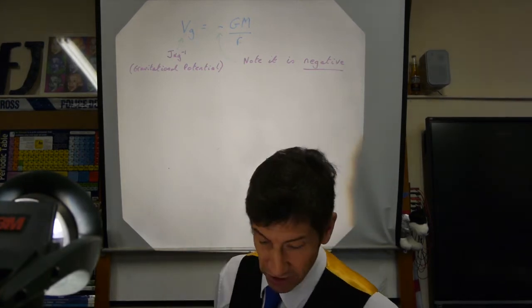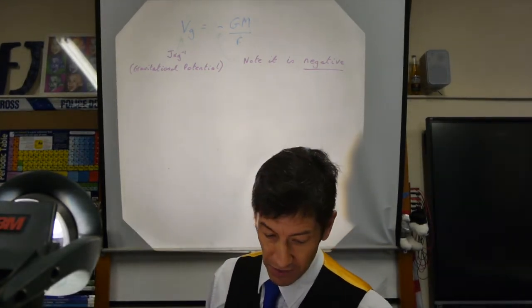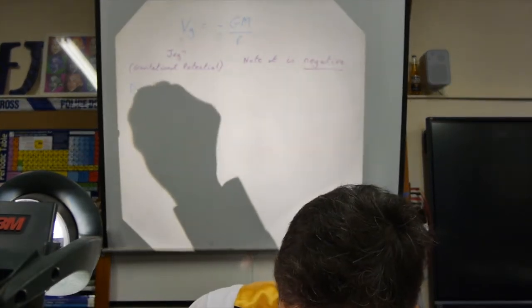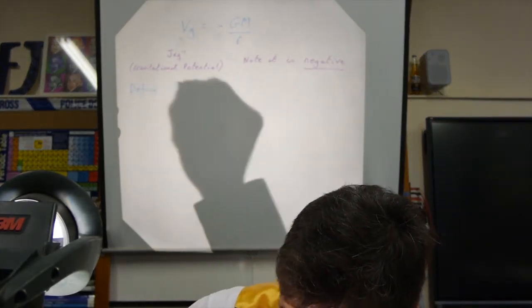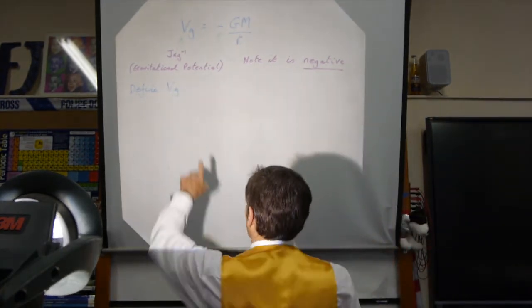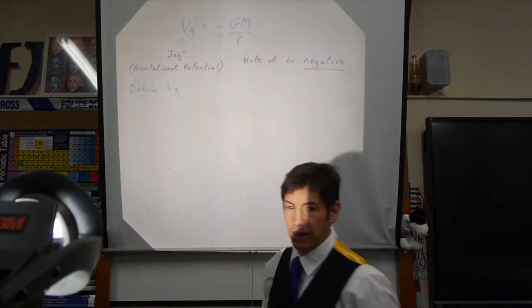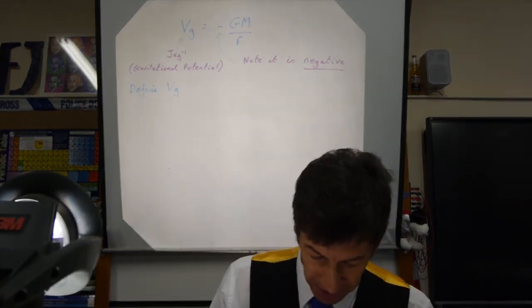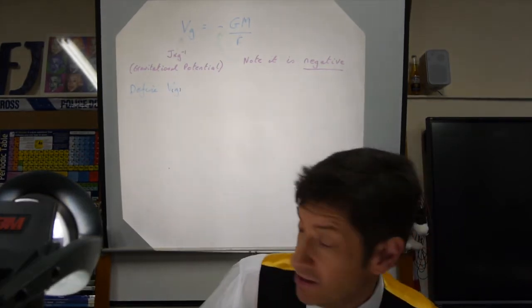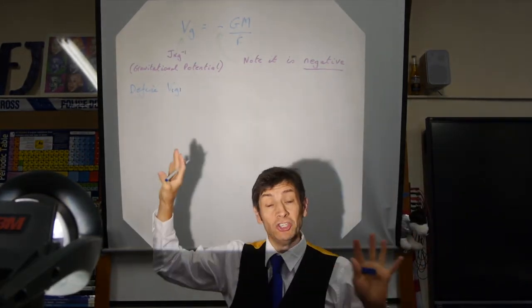So I'm digressing. Let's deal with the negative sign here. Well, we need to define Vg. Remember that's a little subscript. Some teachers do that to remind you.